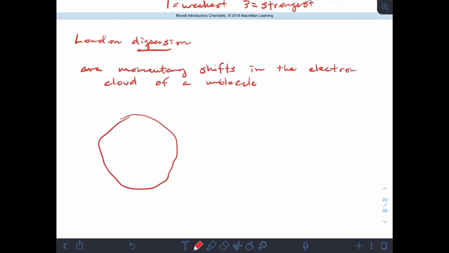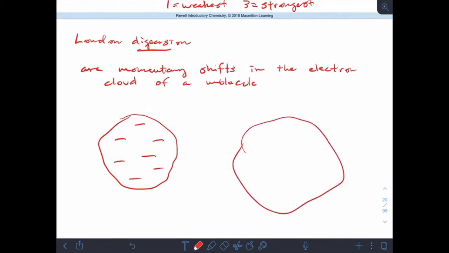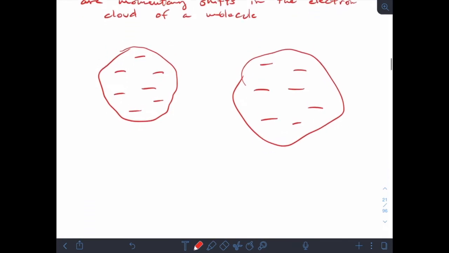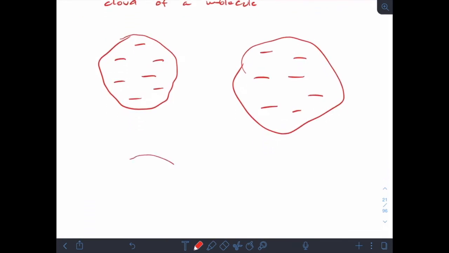So if I've got an electron cloud, it's full of negative charge, right? And let's say I have another electron cloud that is also full of negative charge. These are the electrons, right? So what can happen is those electrons are in constant motion, okay? So at any given moment, I might have my electron cloud with most of the electrons over on one side.